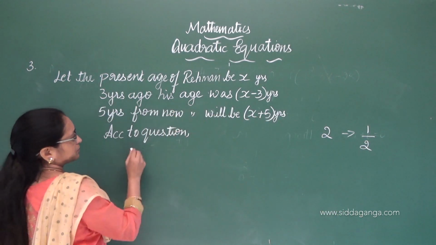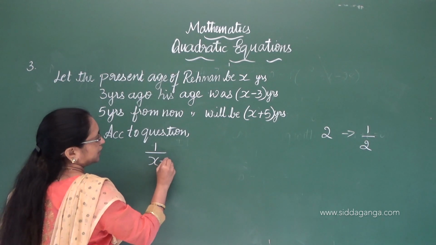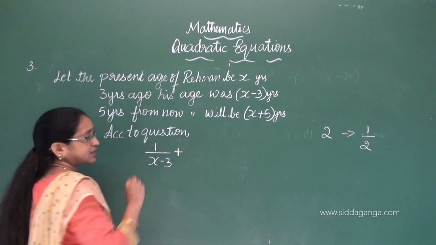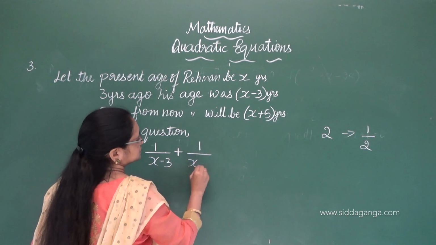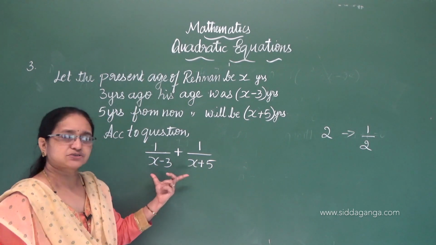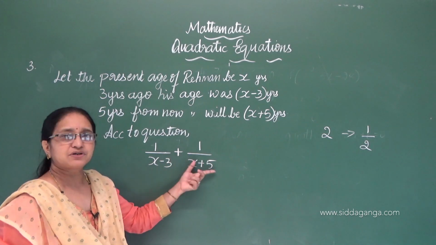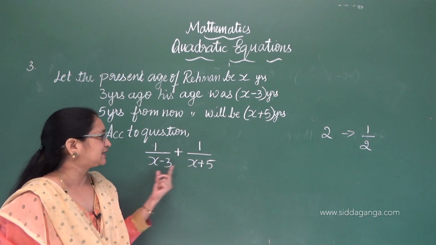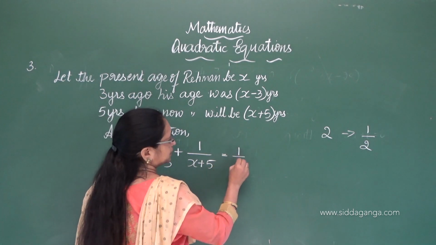So according to the question, the sum of the reciprocals of their ages will be equal to 1 by 3.